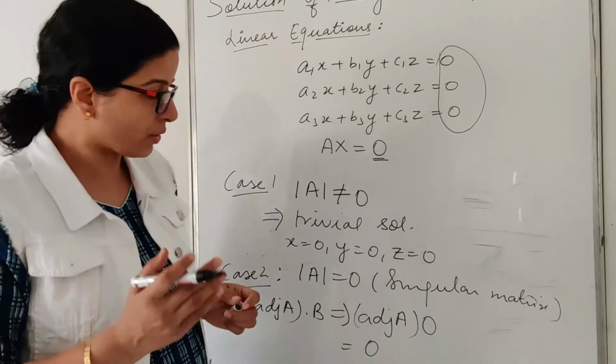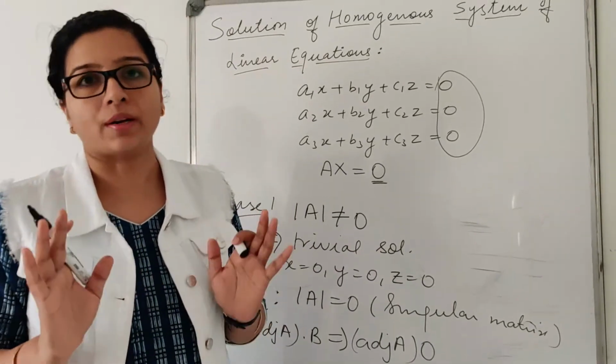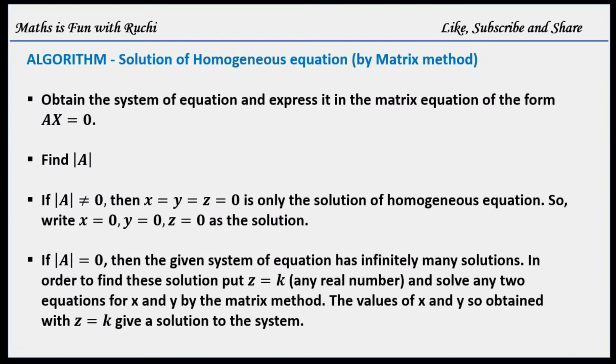Okay. So now we'll do one example. You will understand better. So let us start with the algorithm of that. First step will be to obtain the system of equations expressed in the matrix equation of the form AX is equal to 0. Step 2 will be to find the determinant of A. Next, if determinant A is not equal to 0, then X is equal to Y is equal to Z is equal to 0 will be the only solution of the homogeneous equation.